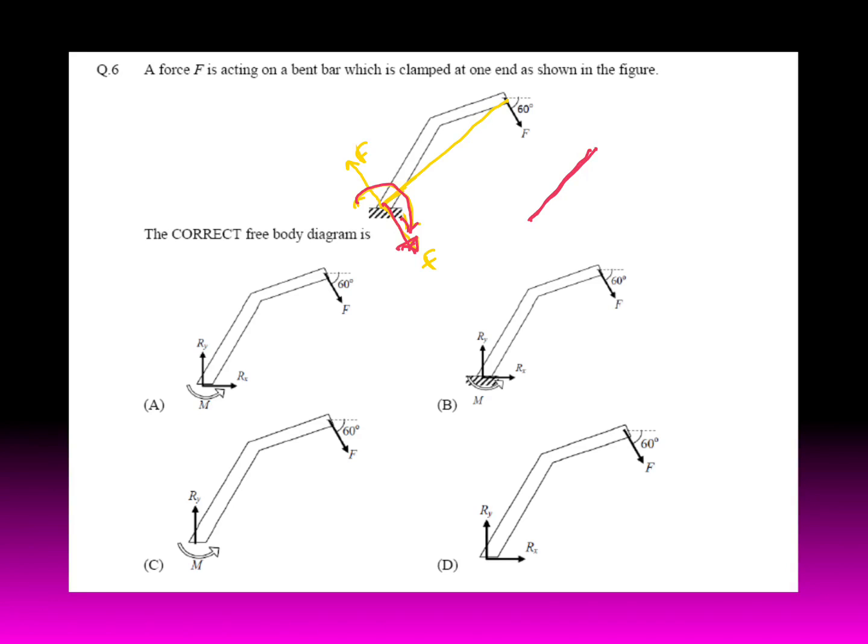This is clockwise, so the reactive couple is anti-clockwise, and this is compressive load F, and the compressive load is acting at an angle to the vertical, so in both directions you will get reaction. In y direction also you will get reaction, and in x direction also. Ry and Rx, and M is the couple.